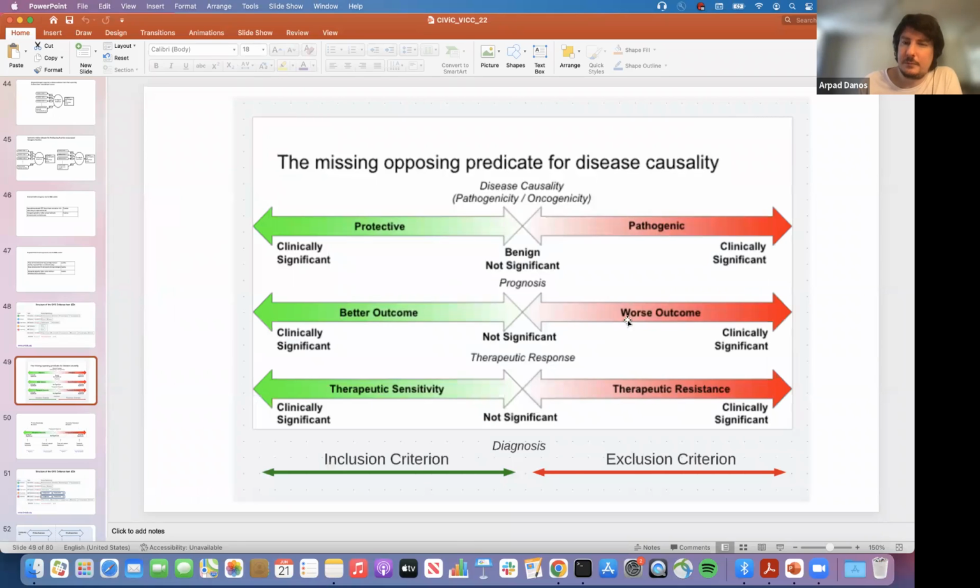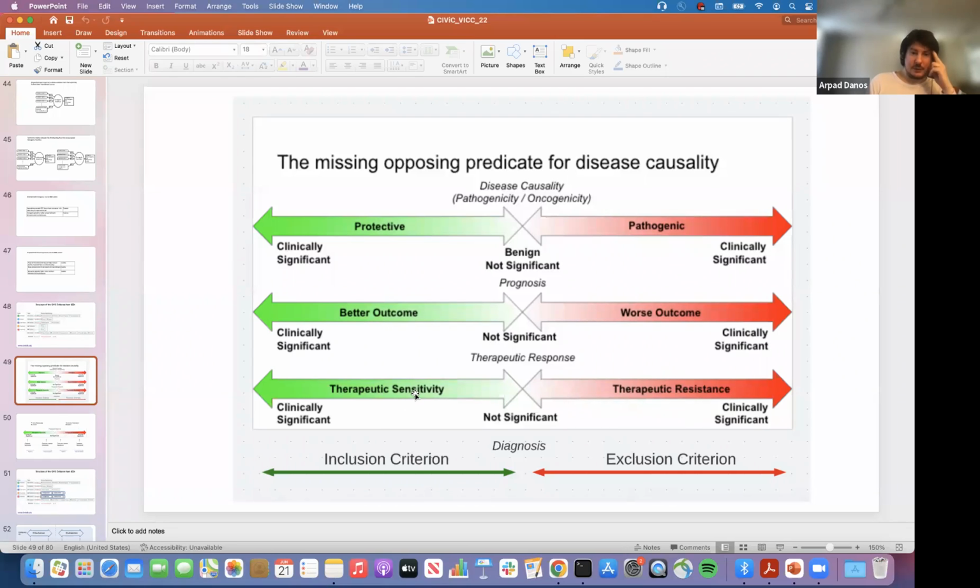So if we look at, say, the second thing here, this is a scale of therapeutic response. This is applying to this, so this is the easiest one to think about. When we think about therapeutic response, we can think about therapeutic sensitivity or therapeutic resistance.